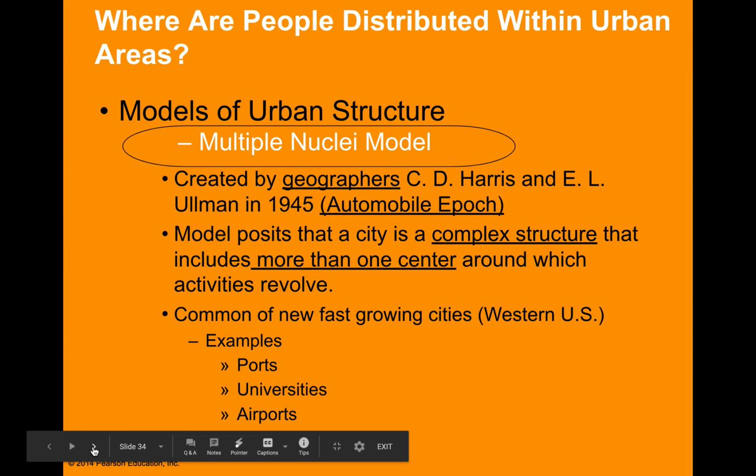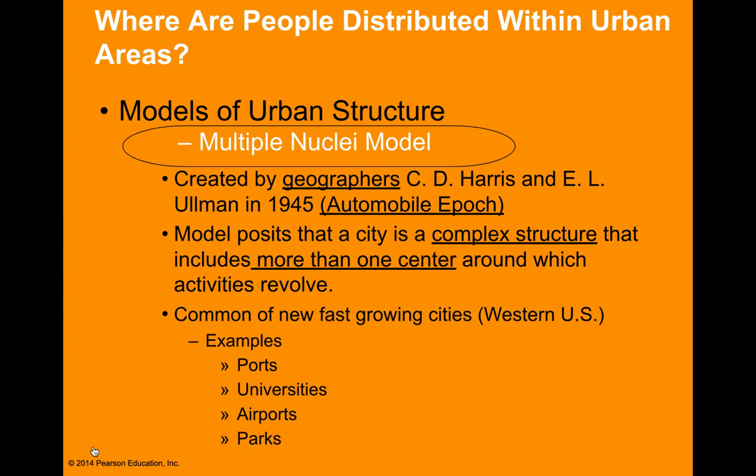All right, let's move on to the multinuclei model. The multinuclei model was created by geographers Harris and Ullman in 1945. And this is the start of the automobile, so they call it the automobile epoch or automobile era.